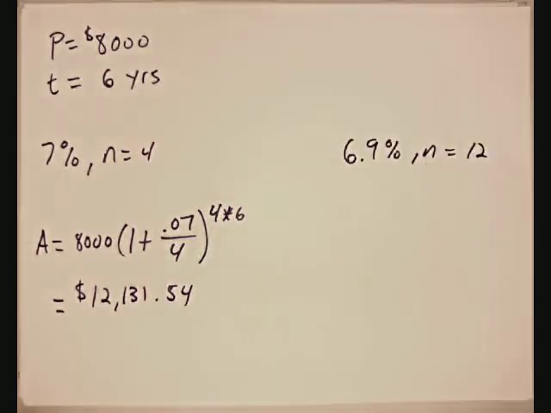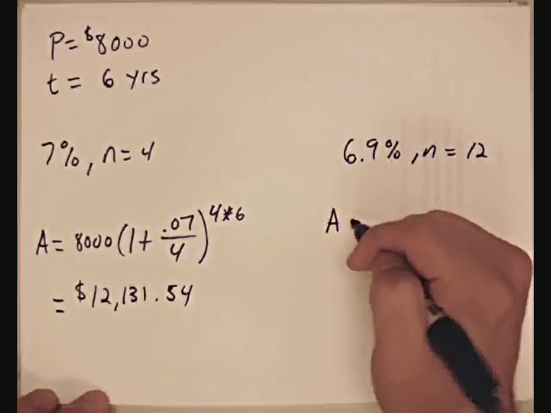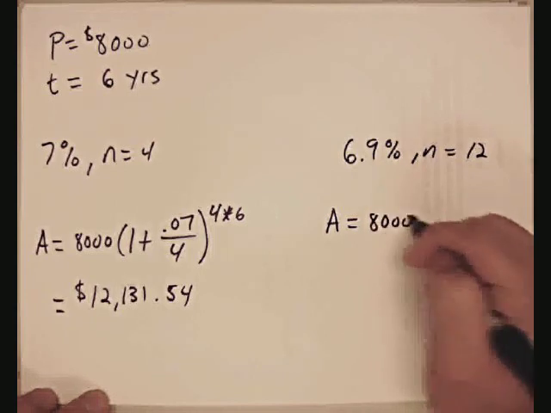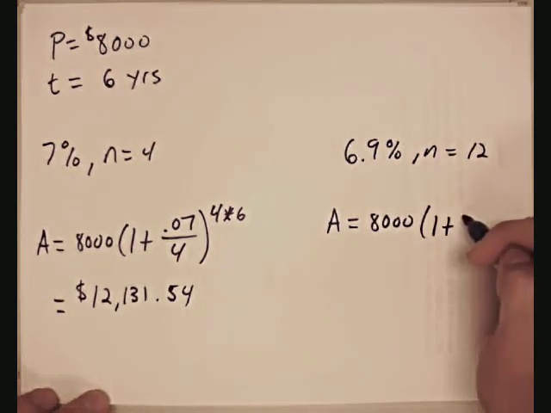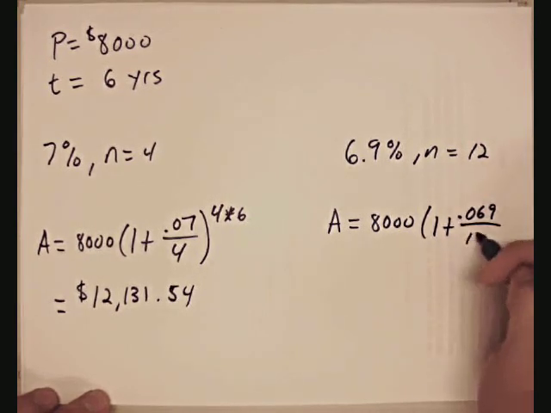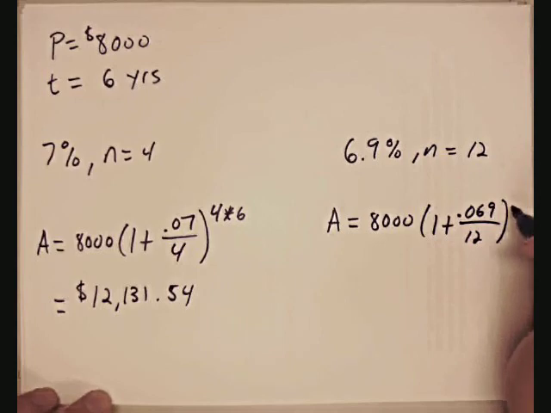Our other situation is if we have 6.9% interest compounded monthly. So using our formula, A equals 8,000 times (1 plus, in decimal format, 0.069 divided by 12) raised to the 12 times 6 power.